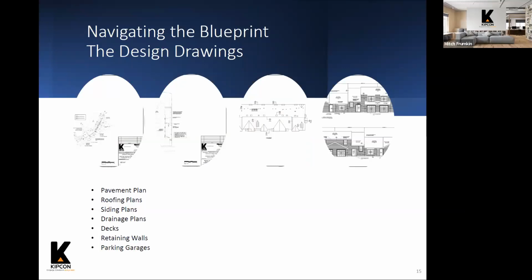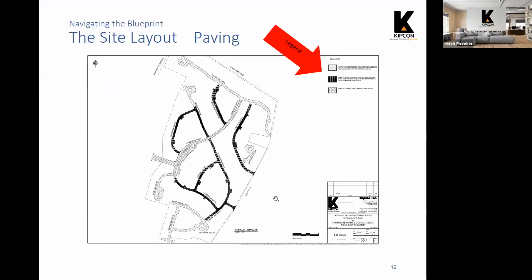So let's talk about how to navigate the larger set of blueprint drawings. Again, here are some examples of the type of design drawings that a community association might be working with. So the first couple sheets of the design drawing are typically a general overview of what's being presented in the design set.